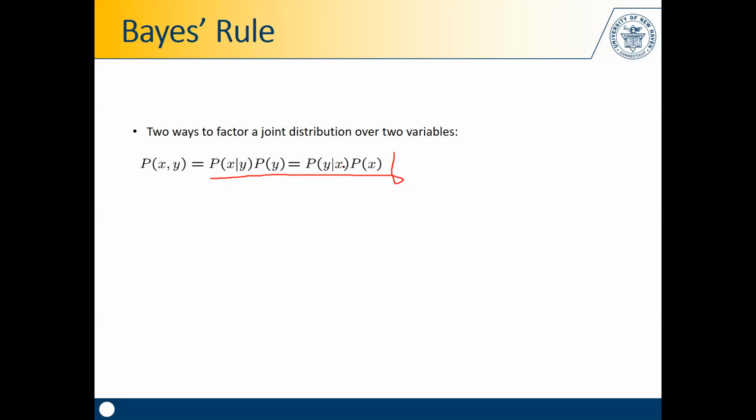Or you can do the reverse. You know that the patient has the flu, and you want to reason about the probability of them having fever.